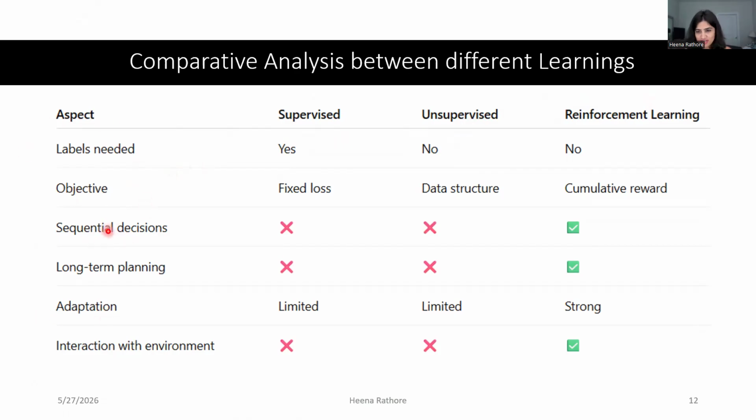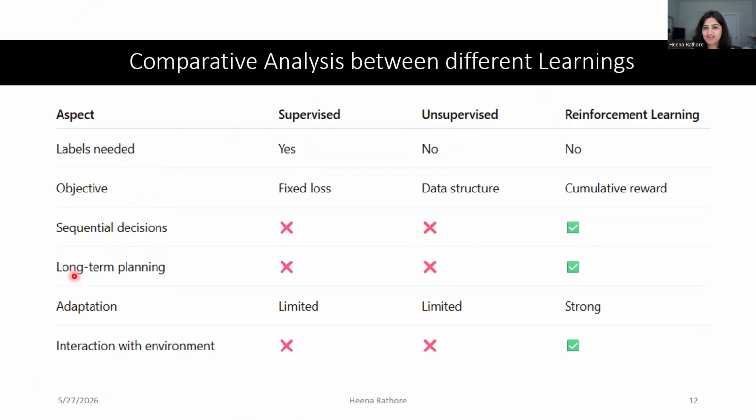In terms of sequential decision, only reinforcement learning is designed to handle sequences of decisions over time, versus supervised and unsupervised learning, which make independent predictions. It's not dependent on time. With respect to long-term planning, reinforcement learning explicitly plans ahead. Each action may have consequences in the immediate future.